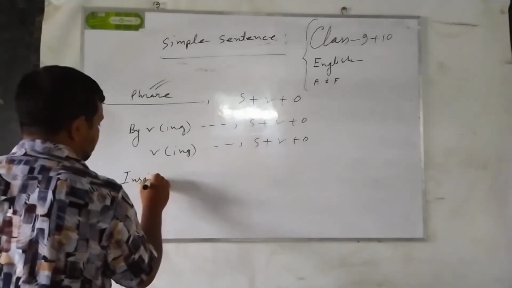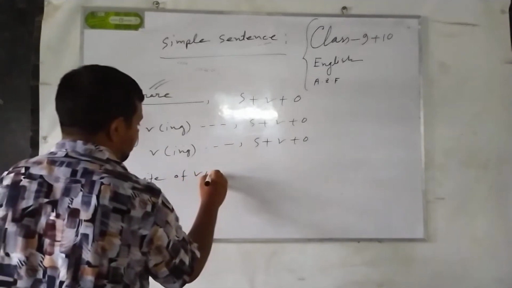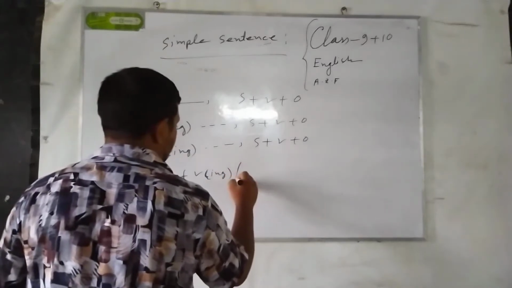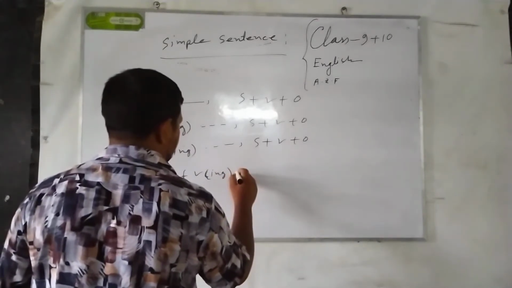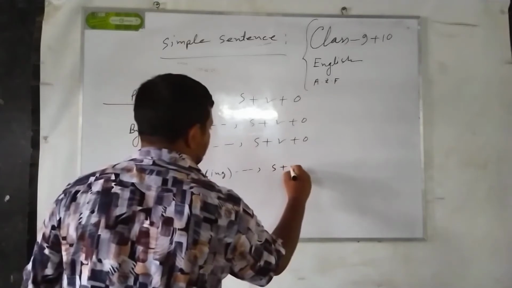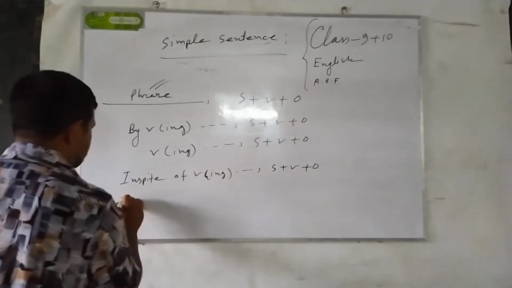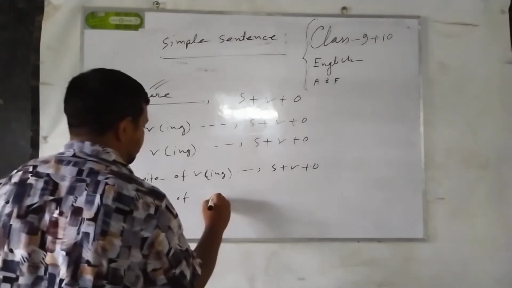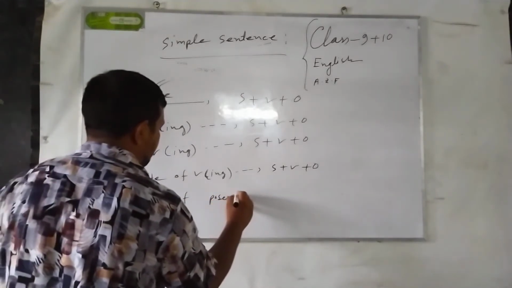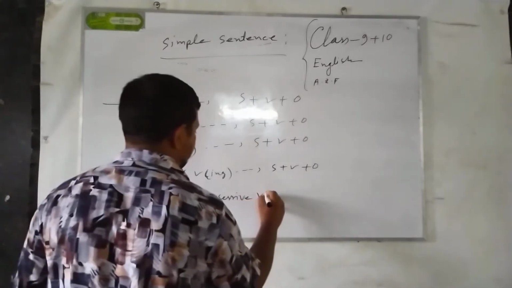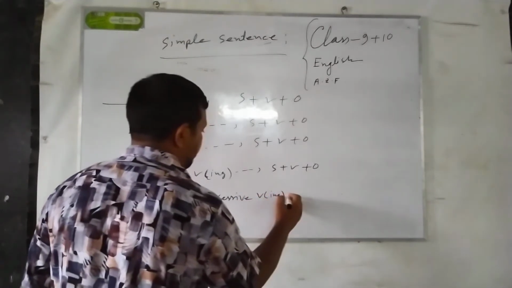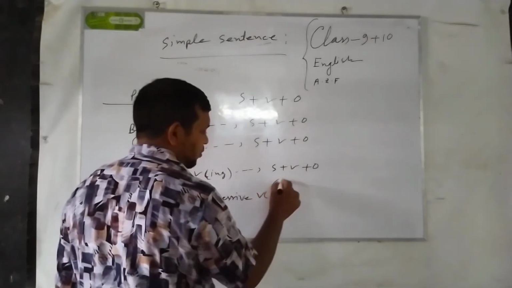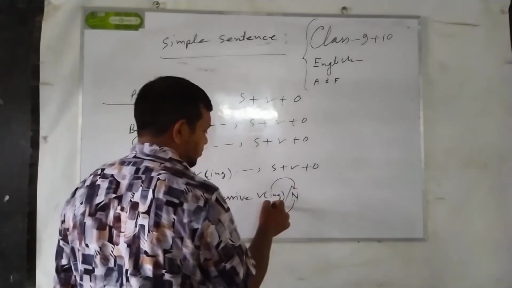In spite of verb with verb-ing, I mean, or in spite of possessive with verb-ing, oblique noun, because verb-ing is called a noun.